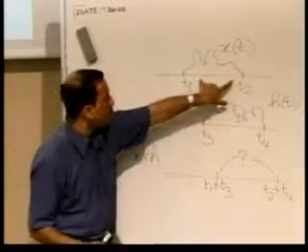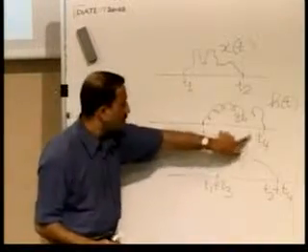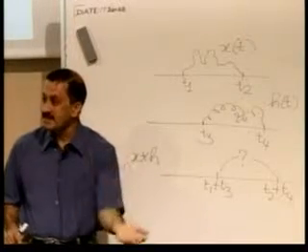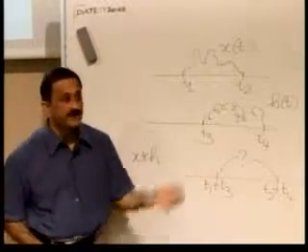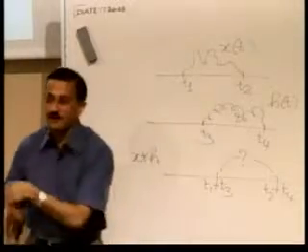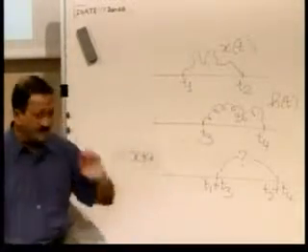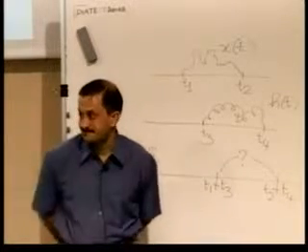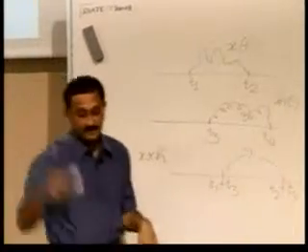This is called the support of the function x(t), and this is called the support of the function h(t). The support of x(t) is from t1 to t2, the support of h(t) is from t3 to t4, and the support of the convolution can be obtained as t1 plus t3 up to t2 plus t4. Okay?